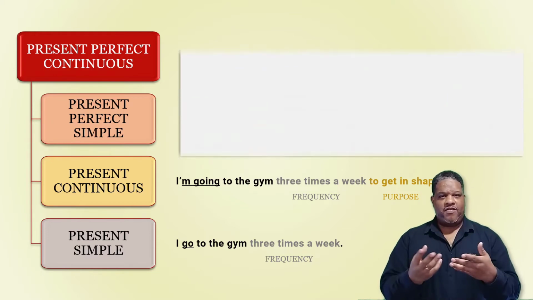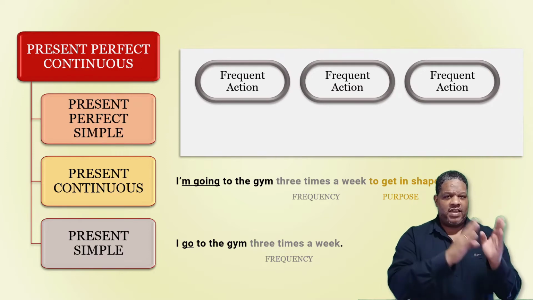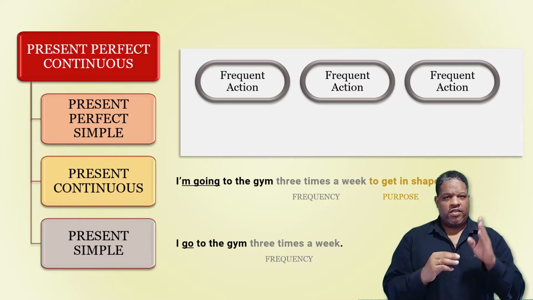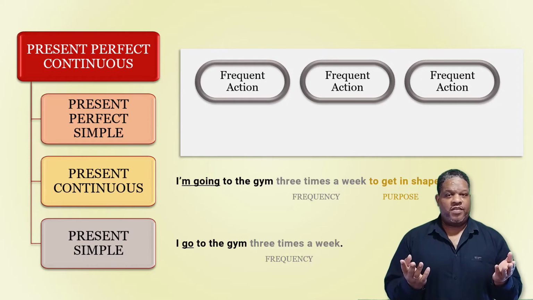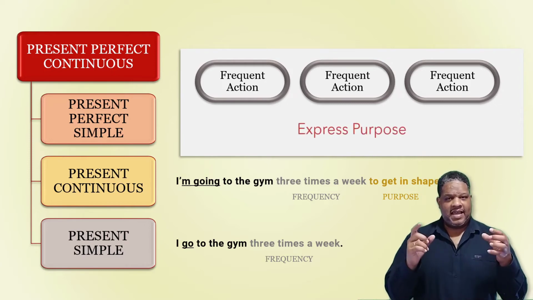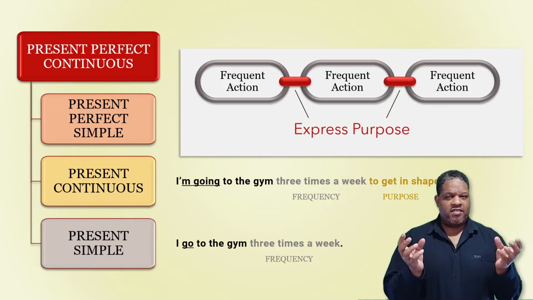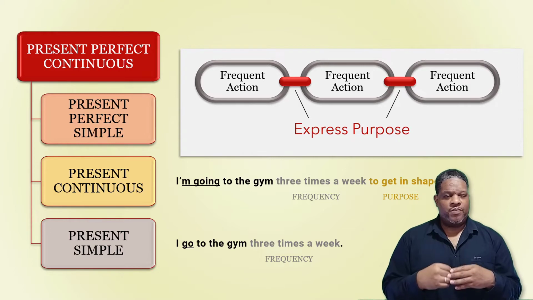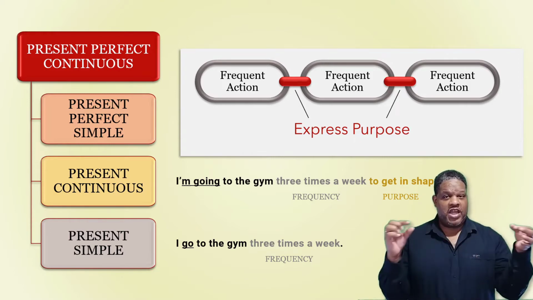When we give a frequency, all it's telling us is that we have these actions with this time interval between them. But when we add the reason for that, that reason acts as a connection. It takes those independent actions that occur and binds them, and it looks something like a chain.